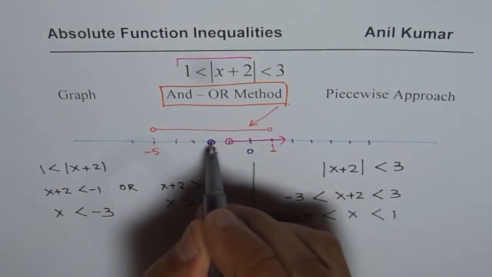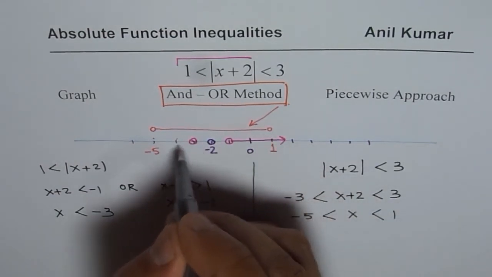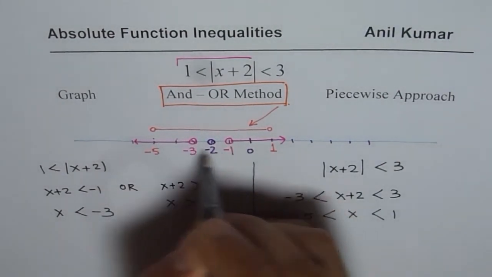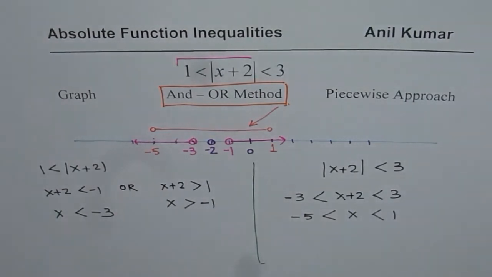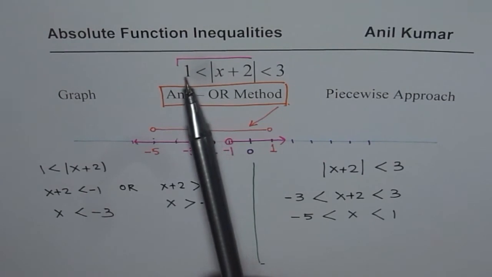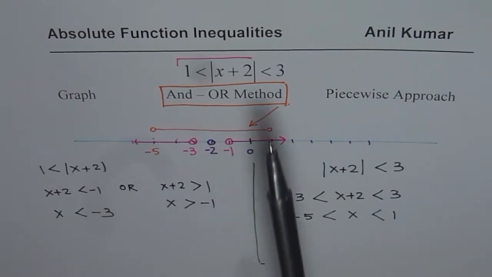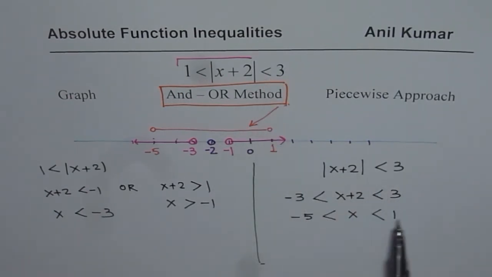Anything beyond this, 1 unit away at least, do you see that? That is what it's saying. So we say this is minus 3 and that one is minus 1. You can get it from logic also, correct? So when the absolute function is greater than, it is always or, like this side or that side, that much away. When it is less than, it is kind of in between.